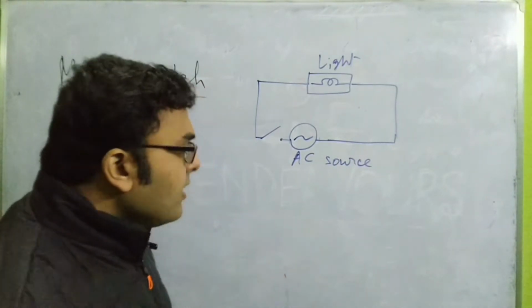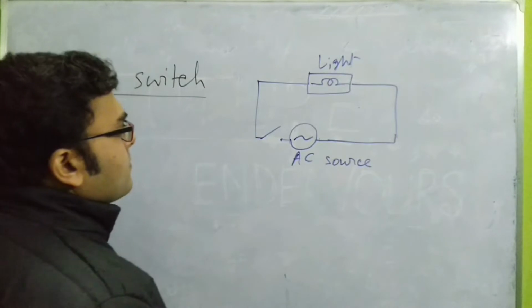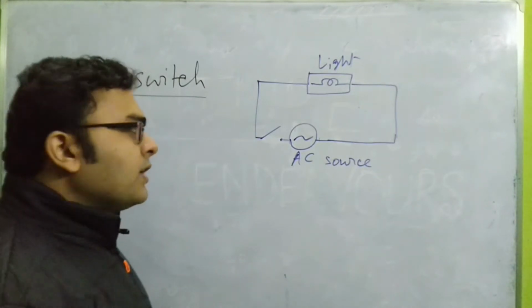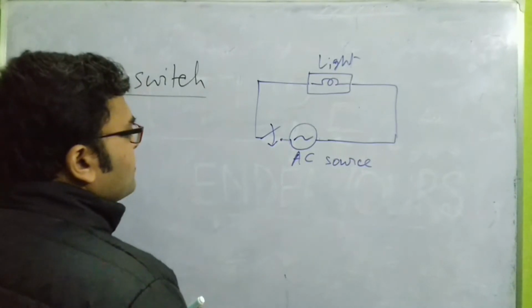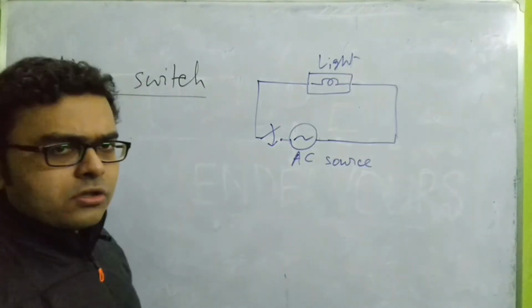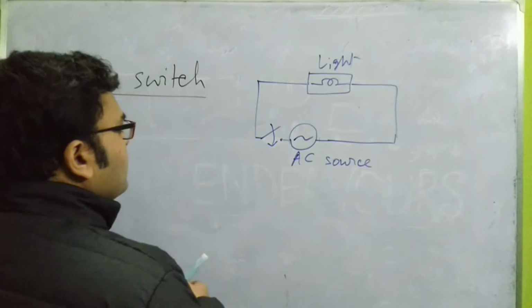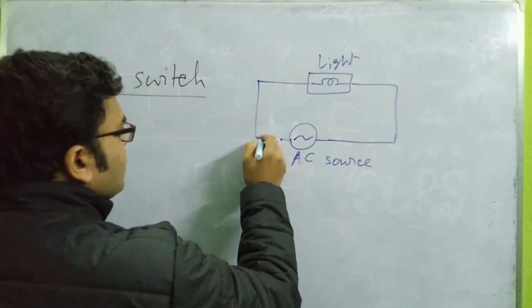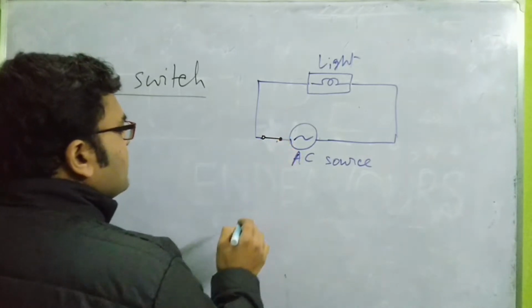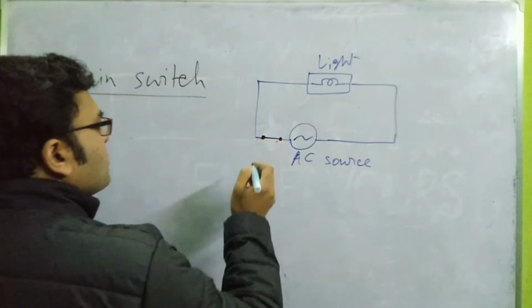Okay. Whenever you want to make the light glow, what you do? You put the switch in the on condition. That is, the switch will look something like this. When you put the switch in the on condition, it looks something like this. This is the switch. Now this is the closed switch.